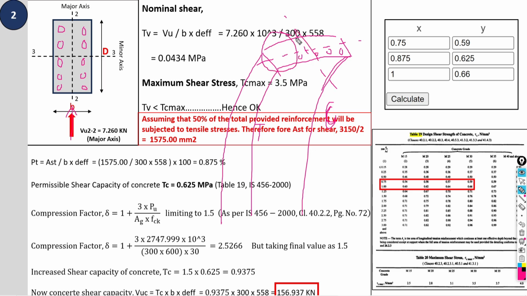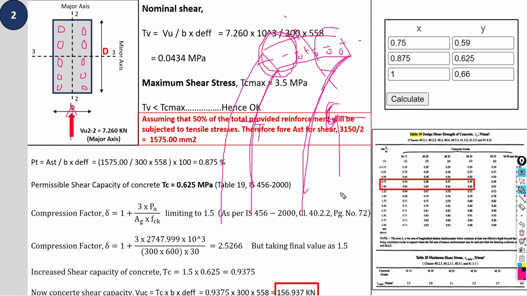This half part I am going to consider in the tensile zone, and this half part under the compression zone. As you can see, this face is the compression face, and the other is tensile, because extension in the height of the column is there.